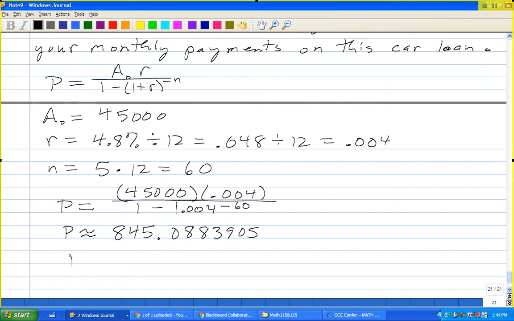And so you pay $845.09 per month for your 5-year loan.